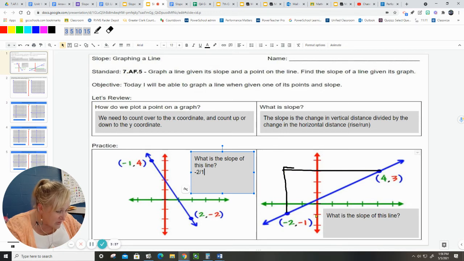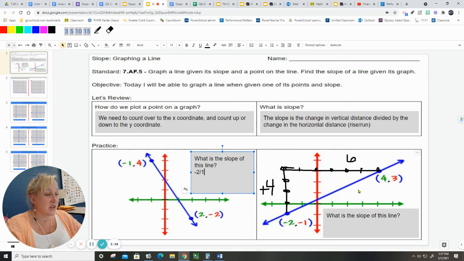So this one was here. It goes 1, 2, 3, 4 up, and it's positive. Then it goes 1, 2, 3, 4, 5, 6.